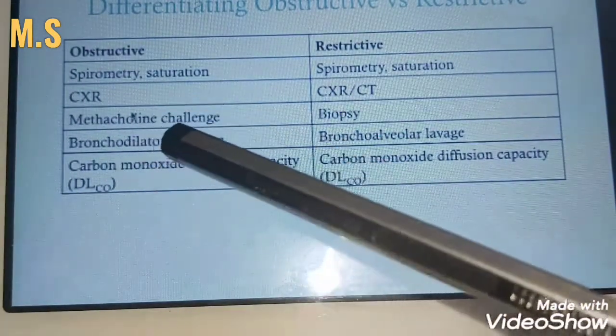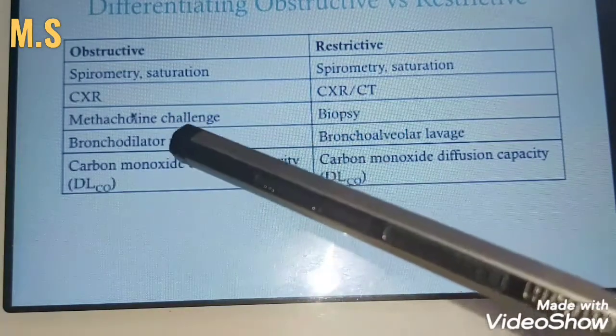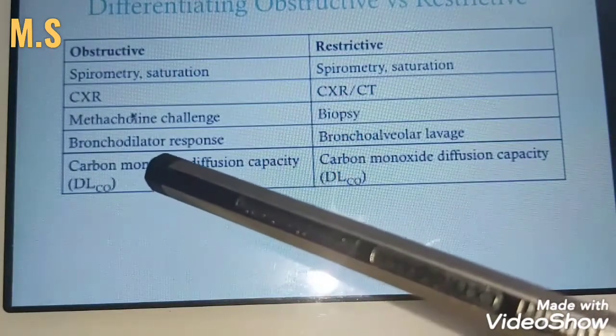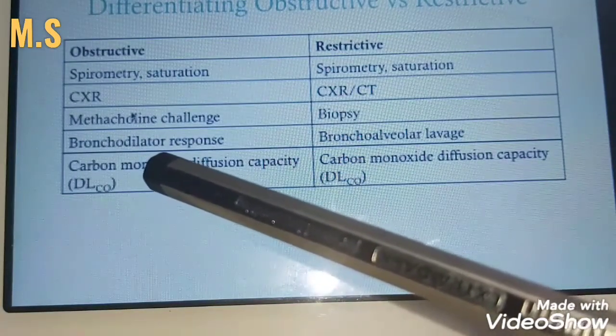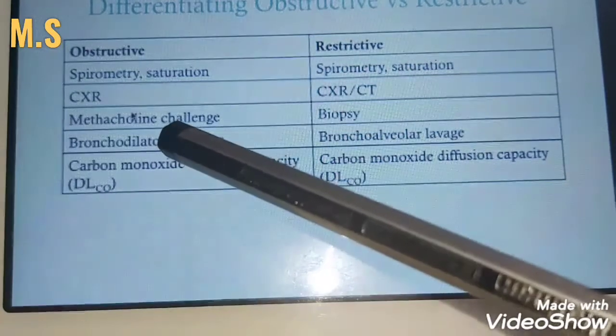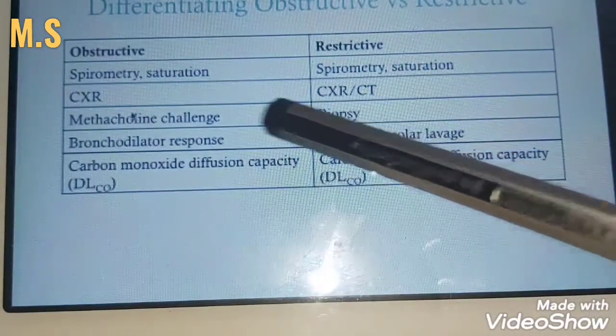When you give this drug to a patient who is asthmatic, that patient will react to it, and there will be a decrease in airflow to the lungs due to bronchoconstriction. That is a positive test for asthma. In restrictive disease, most probably you do a biopsy.